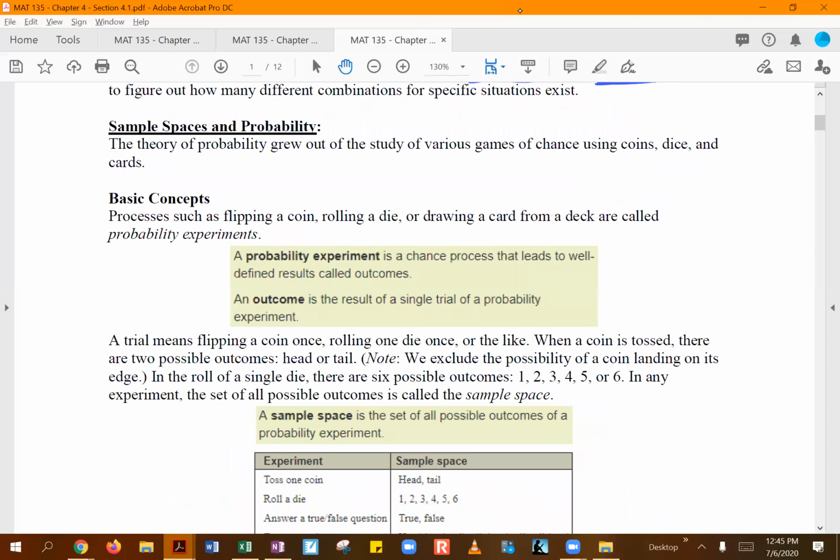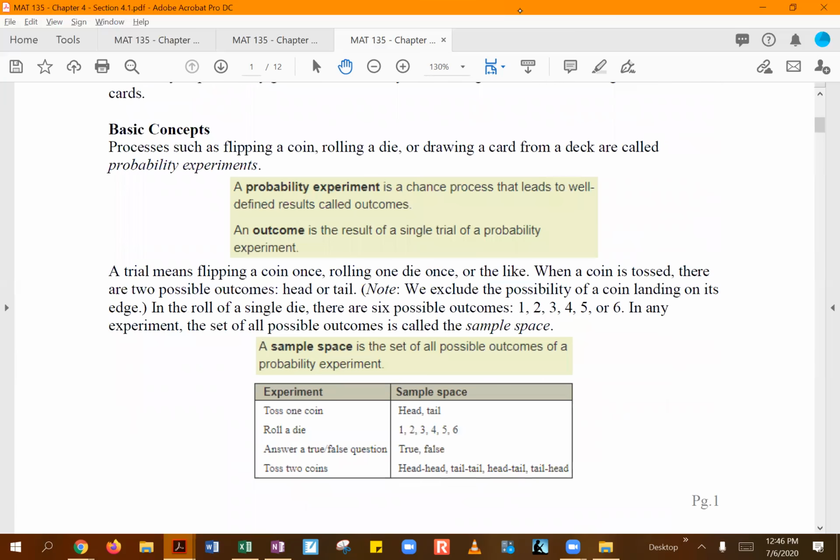So the first thing we're actually going to start out with, guys, is our sample spaces, because if we're talking about calculating probability, then we need to know what our sample space is going to look like. This one is talking about how the theory of probability grew out of the study of various games of chance, such as flipping a coin, rolling a die, or, of course, your card games.